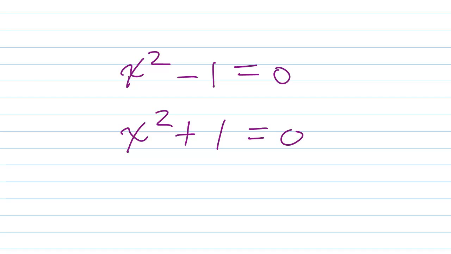The solution set to the top equation turns out to be {1, -1}. That is how we use set notation: we list the elements and enclose them in curly brackets to indicate that it's a set. The solution set to the other equation, on the other hand, is {i, -i}.